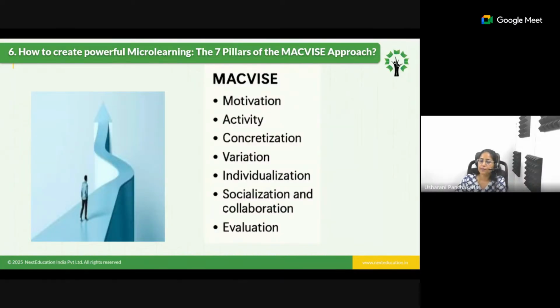So that is about concretization, where I'm saying the abstract information that you are teaching in the classroom should be tangible, it should be relatable, and again use some connection, like simulations, manipulatives, real life examples, etc. Now the next one is about variation.